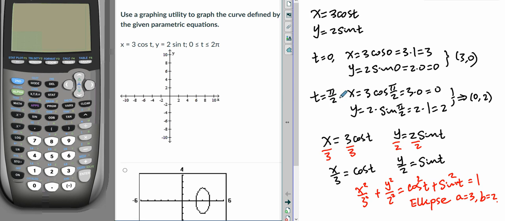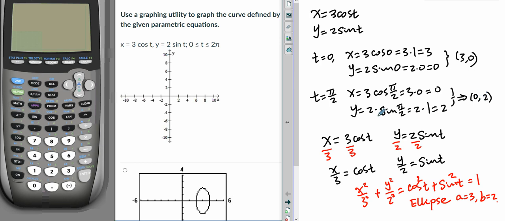Similarly, you can do this for t equals pi over 2. When t is pi over 2, you plug in here, then you have 3 times cosine pi over 2. Cosine pi over 2 is 0. So you have 3 times 0 is 0. So the x coordinate is 0.